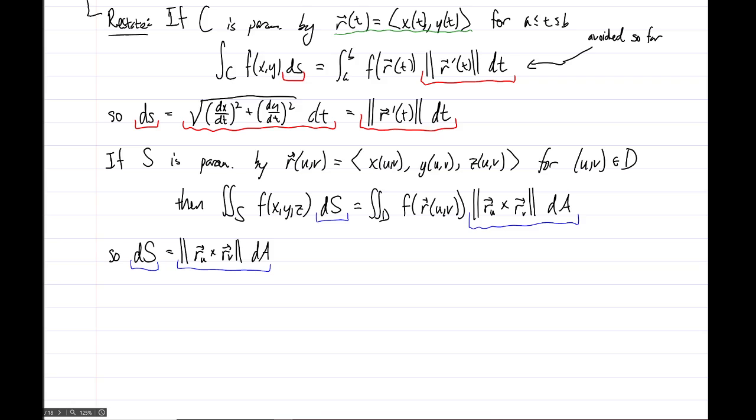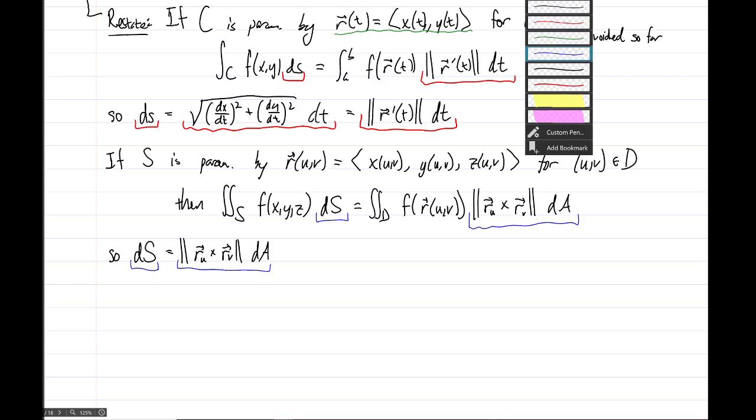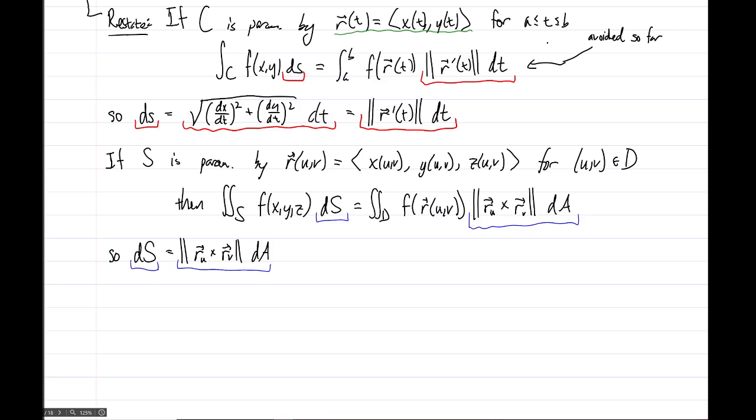A couple other things are in order to mention. First of all, let's point out that right here, this double integral over D is meant to be like earlier, when we had the integral with t going from a to b. When it was just a single variable, you just need to know where t starts and t ends.